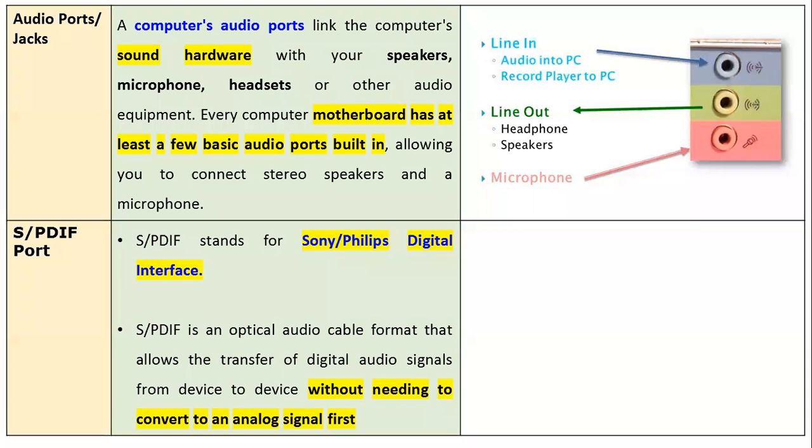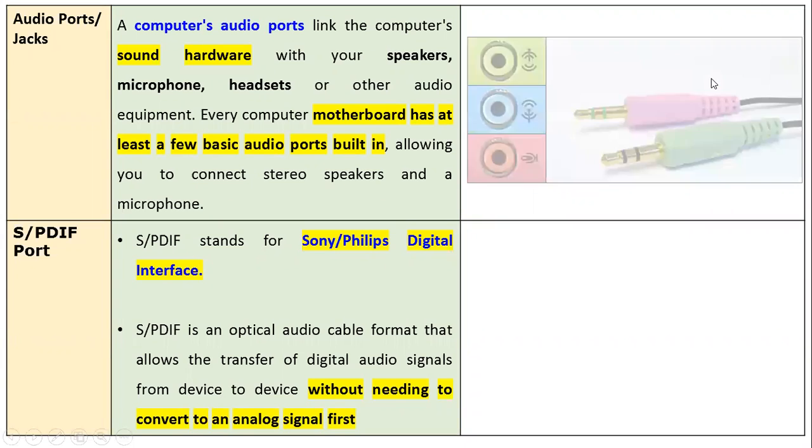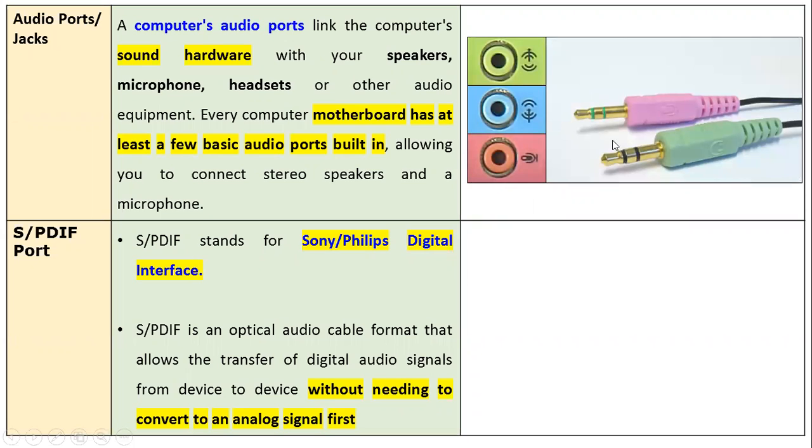Normally you use the microphone port to input sound to your computer. To get sound from the computer, you attach your speakers or headphones, and in that case you use the green one. If you have audio devices like record players, you have to use the line in socket here.